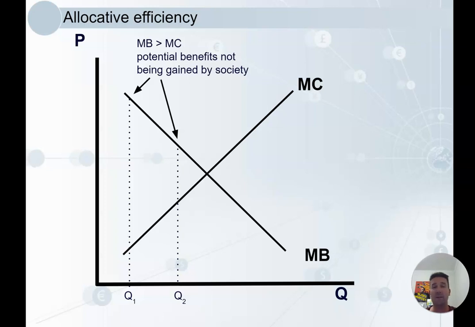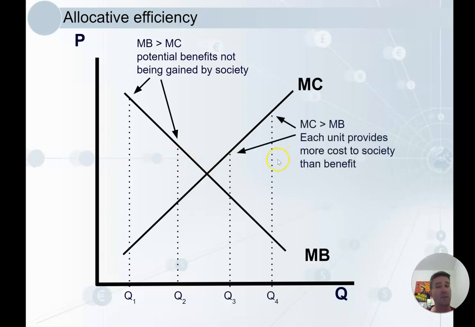So what that means is if we were producing more of this, then society would be better off. There are potential benefits that aren't being gained by society if we're producing at a point where MB, marginal benefit, is greater than MC, marginal cost. So we don't want this situation. That's no good. At this point, we always want to produce more.